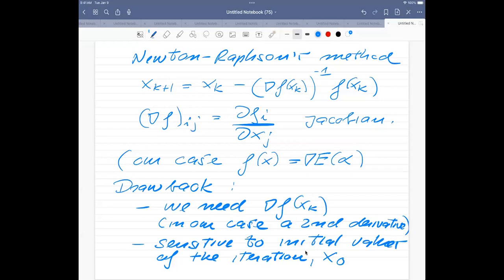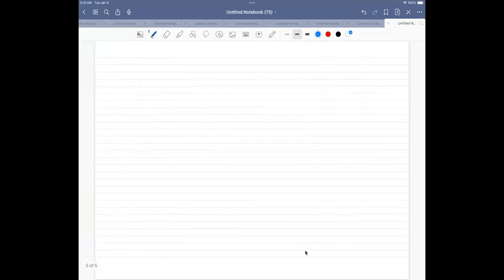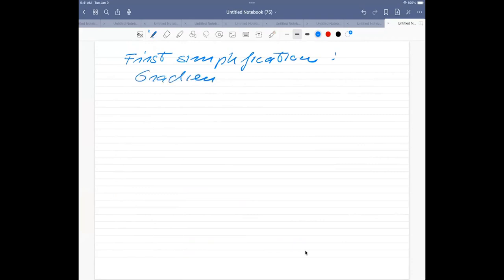So the first simplification which we are going to encounter is what is called the plain gradient descent. That is just the gradient descent. And many of you have met that if you've taken a course in machine learning, for instance.